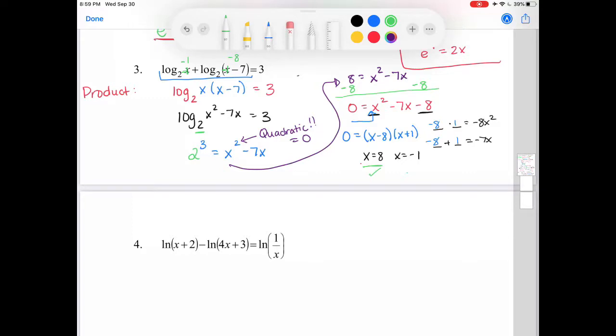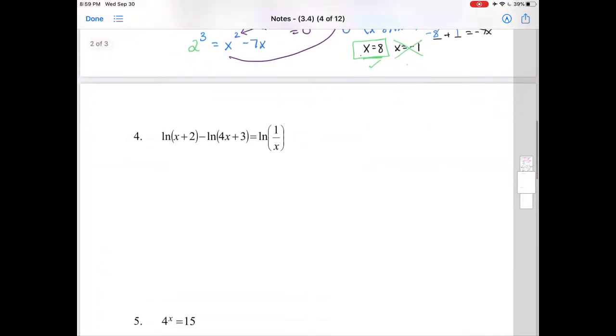If any log turns into a negative, or if any log turns into a 0, you absolutely positively cannot use that as an answer. So because negative 1, when I plugged it in, gave me a negative with my logs, I cannot use it as an answer. So for question 3, my only answer should be x equals 8. All right.